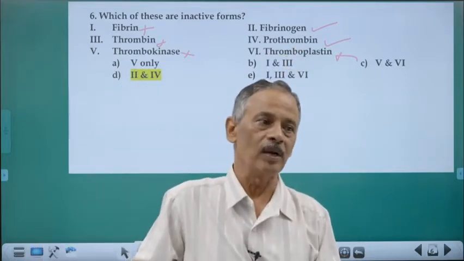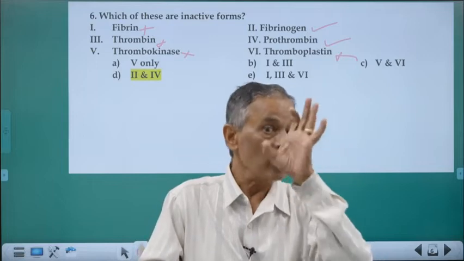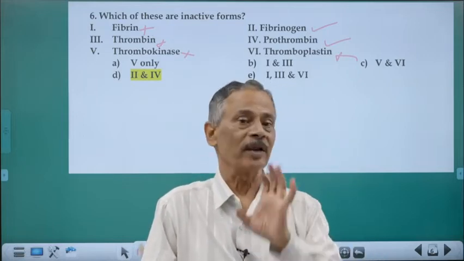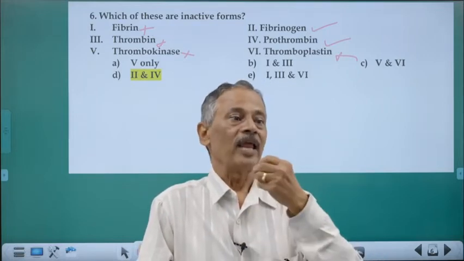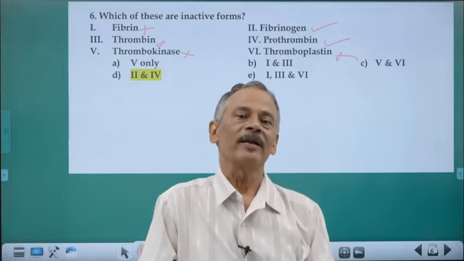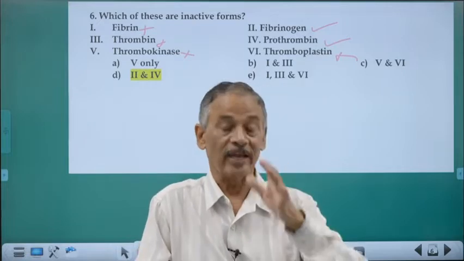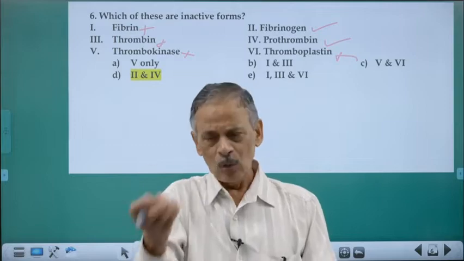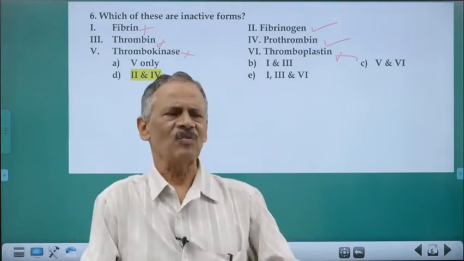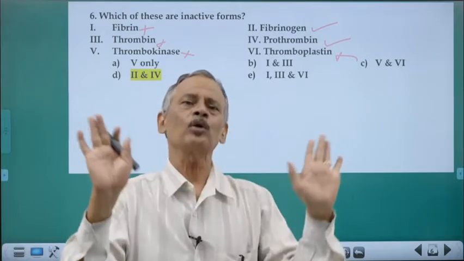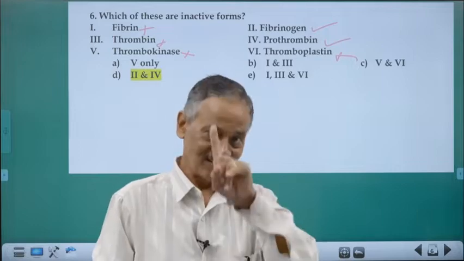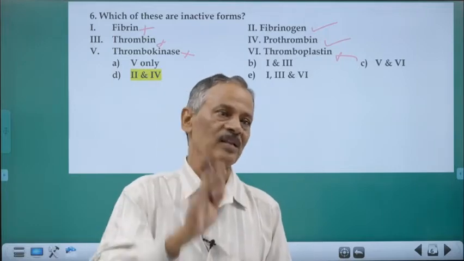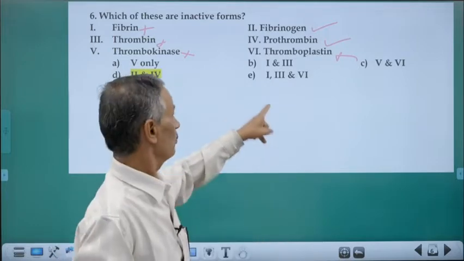That is the principle in adding a small amount of citrate to the blood when lab people are collecting blood for dialysis or for diagnosis. So that will be absorbing all the calcium. Once calcium is removed, blood will not clot at all. That is the principle. So presence of calcium is a must.